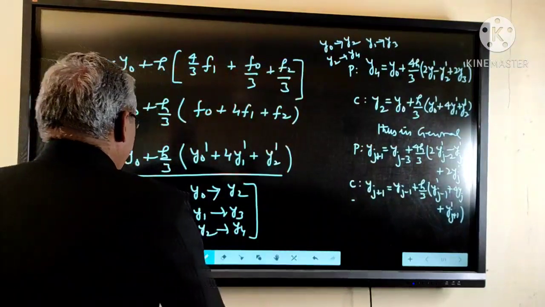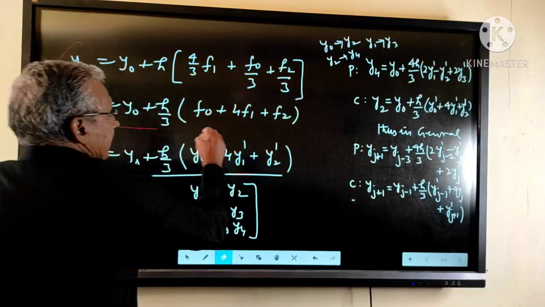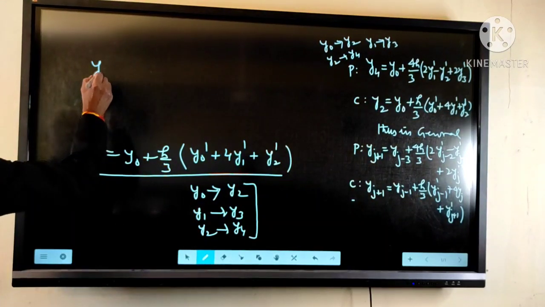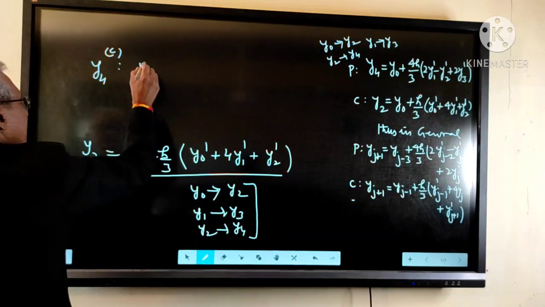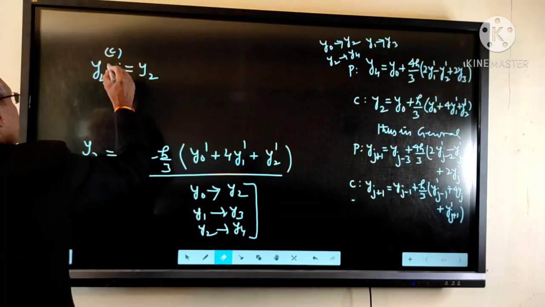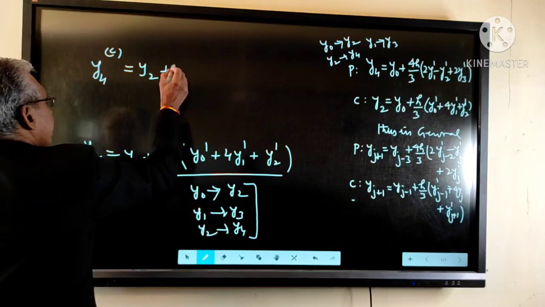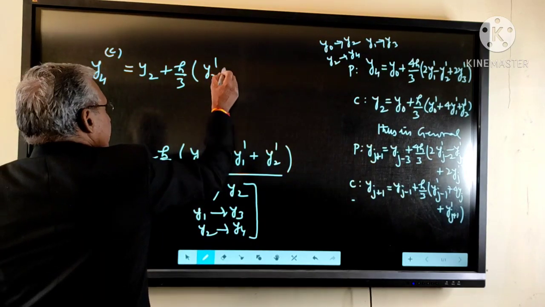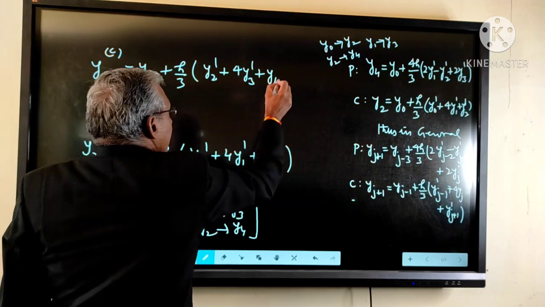So the corrected value of y4 is given by y2 plus h by 3 times y2 dash plus 4 y3 dash plus y4 dash.